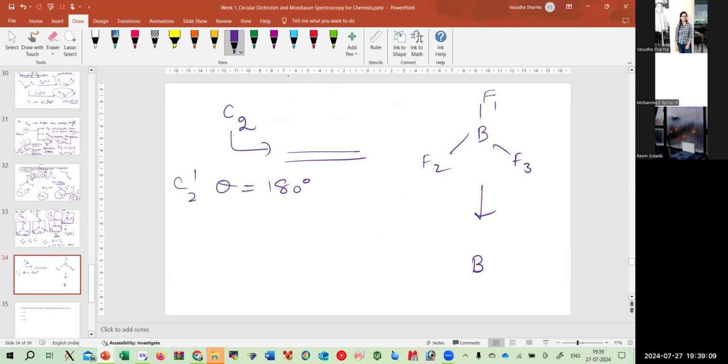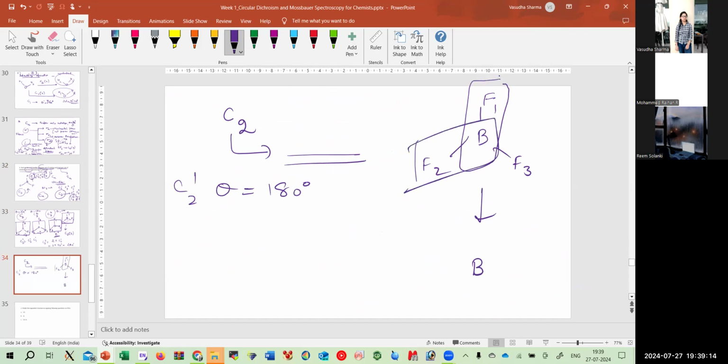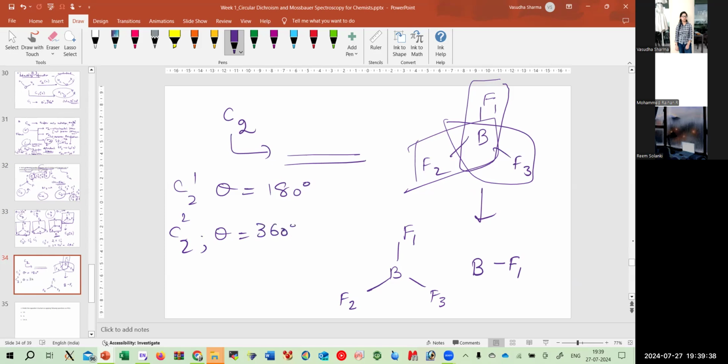You need to define 180 along what, because there are three possibilities: 180 along BF1, or along BF2, or along BF3. If I say BF1, F1 will stay as it is, and F2 and F3 will swap. So we gave a 180-degree rotation. Now, what will happen with C22? What would be the theta? It's 360 and it will be identical, so we can't consider it. Therefore, C2 will only give you one proper axis of rotation operation, right?